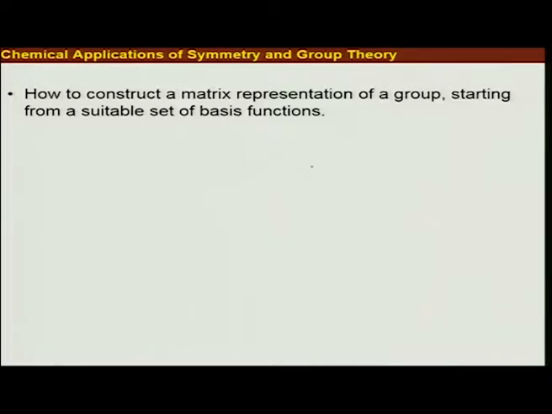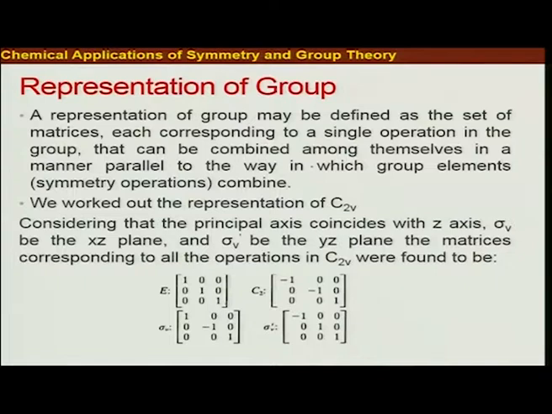In this section, we learned that we have to first find certain functions and form a set known as a basis set, and we have to apply each and every symmetry operation on those basis functions.